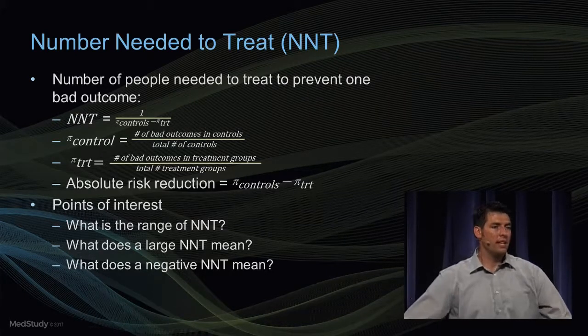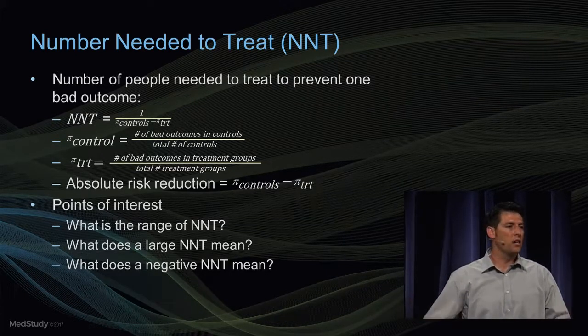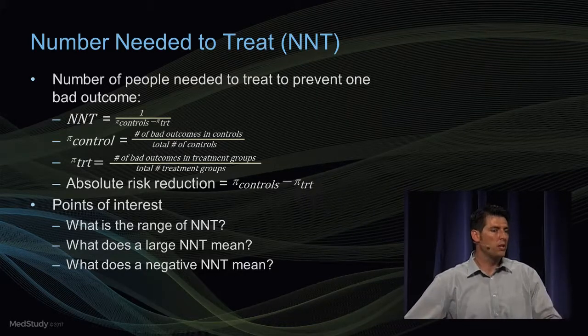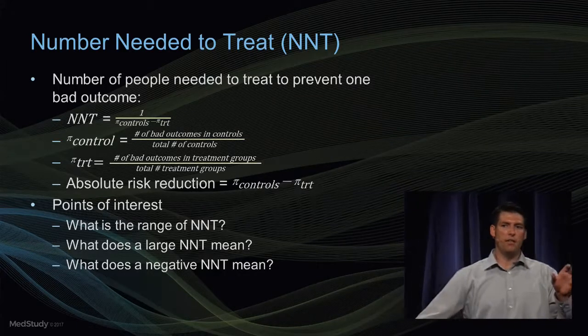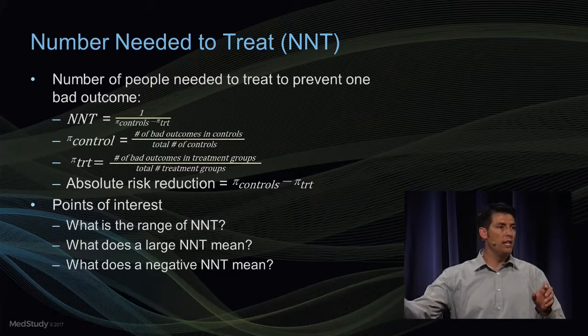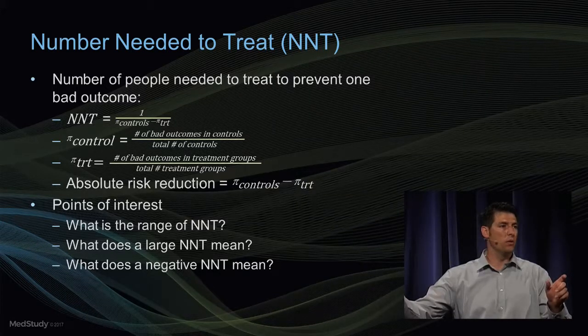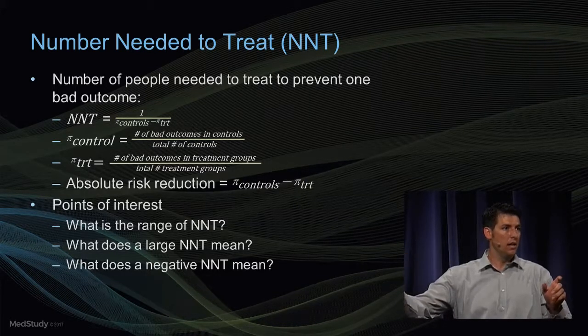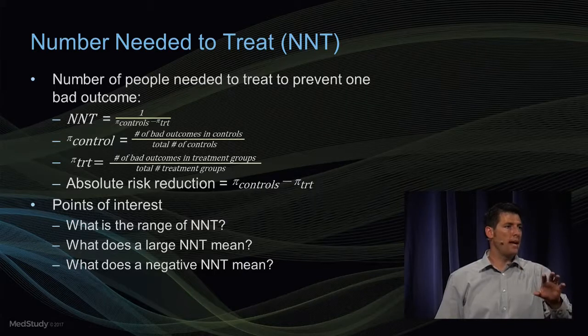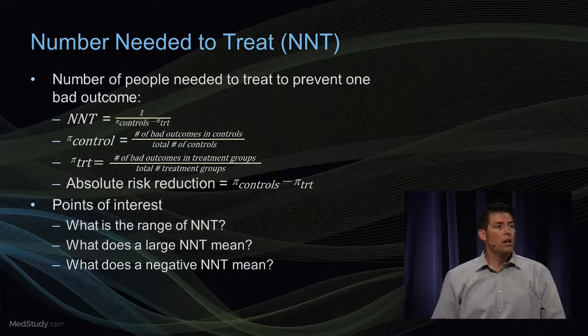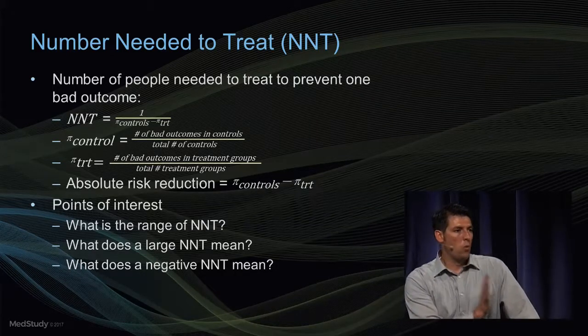So in that extreme situation, the number needed to treat would be 1. And that meant that the treatment was really good compared to the control. The proportion of bad outcomes among the treatment was nothing, and the proportion of bad outcomes among the controls was everybody, right? So it's bounded below by 1.